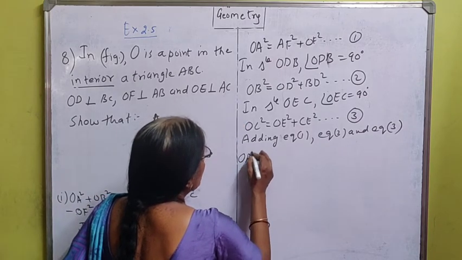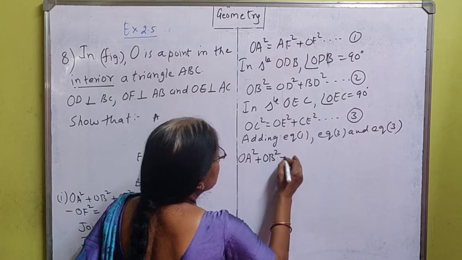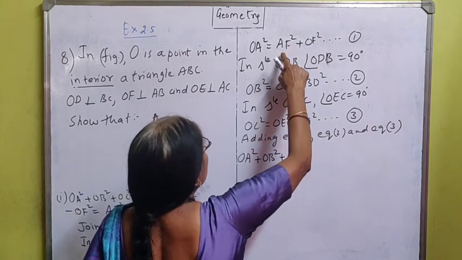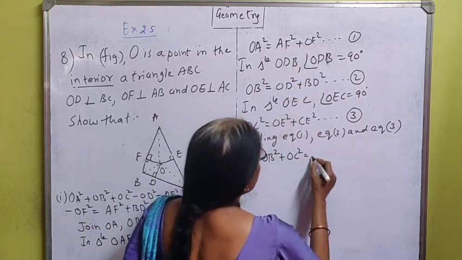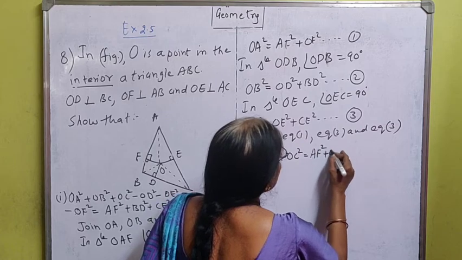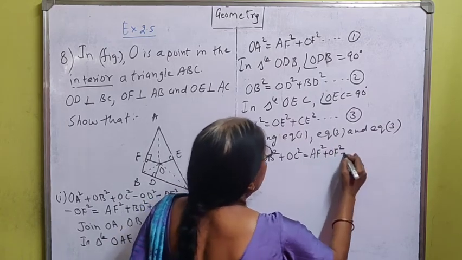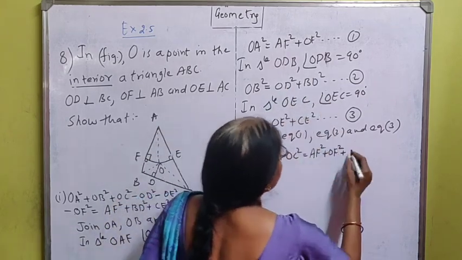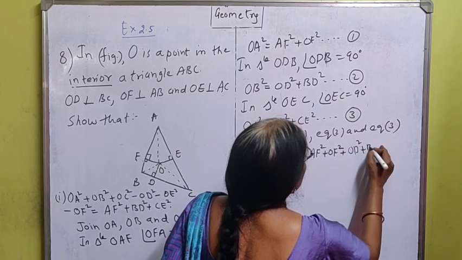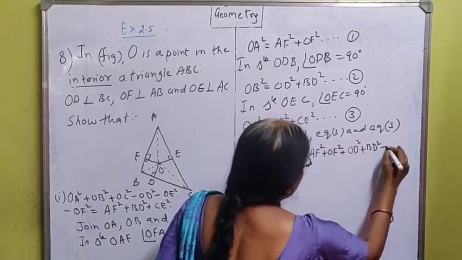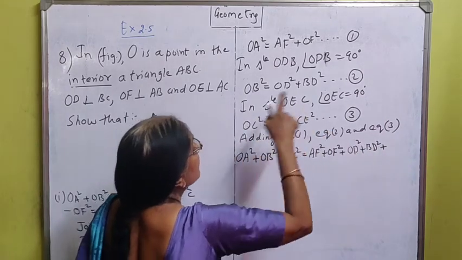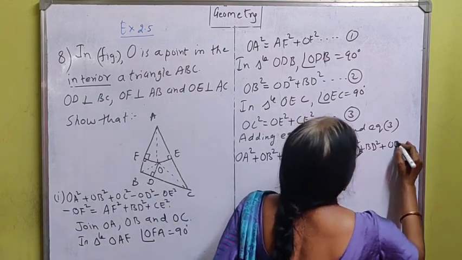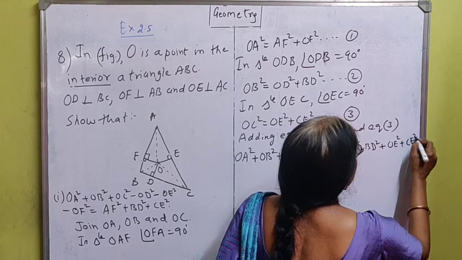So we get OA square plus OB square plus OC square is equal to AF square plus OF square, plus OD square plus BD square, plus OE square plus CE square.